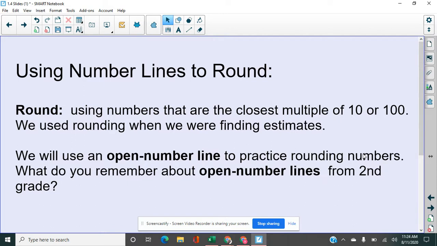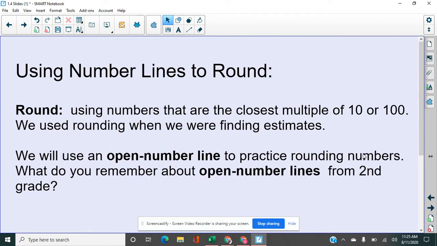When we're rounding, we're using numbers that are the closest multiple of 10 or 100. That's what rounding is called. And we use rounding when we're finding estimates. Okay, and when I say estimate, I mean trying to figure out what an answer is going to be close to. And you and your parents use estimating sometimes, right?